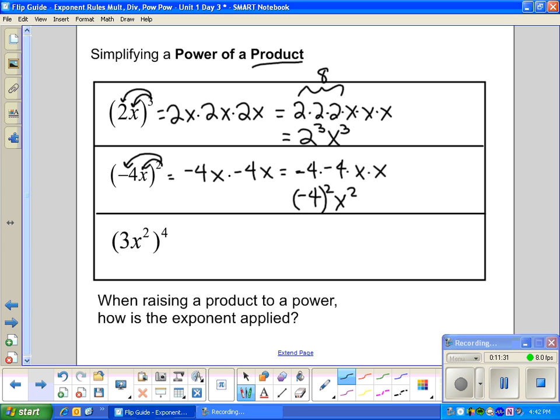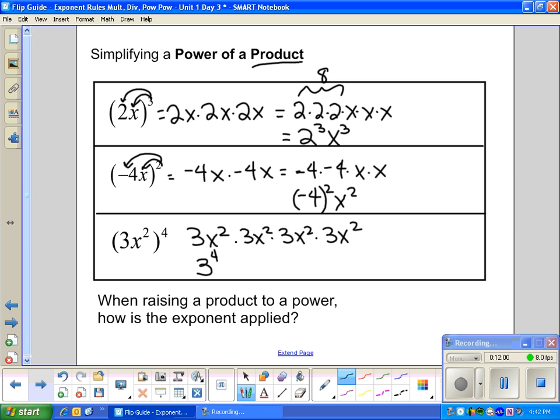Let's try this one. I've got 3x squared times 3x squared times 3x squared times 3x squared. I want you to look at this base because the base is 3x squared. We can see that. All right, let's rearrange. I'm going to end up with 3 times 3 times 3 times 3, so I'll rewrite that as 3 to the fourth.